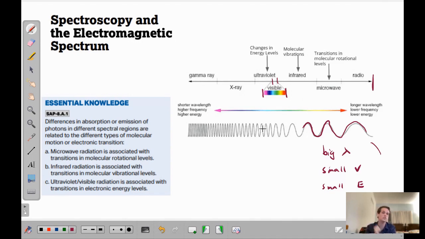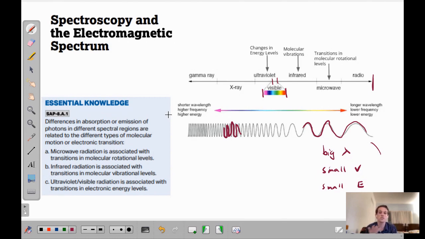It's much easier for it to penetrate your cells, mess with your DNA and cause cancer. As we get a little higher, we get to X-rays. These are really high energy. Now you know why the X-ray technician stands outside the room and covers your body with a little lead apron. And as you keep going, you get up to gamma rays and cosmic rays, which are flying through space. They're super high energy, with very, very short wavelength. They kind of just penetrate everything.